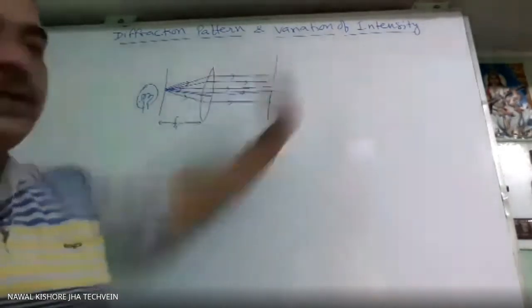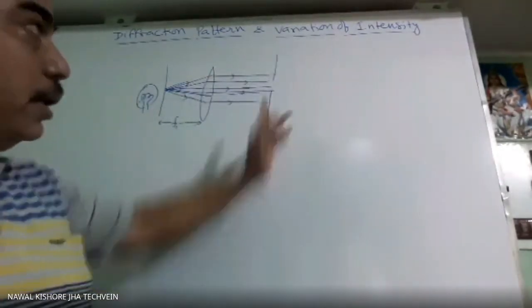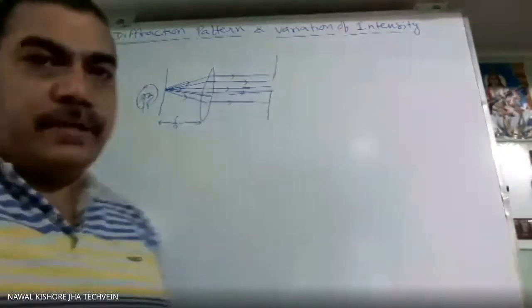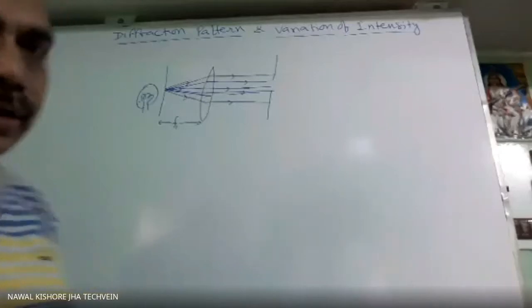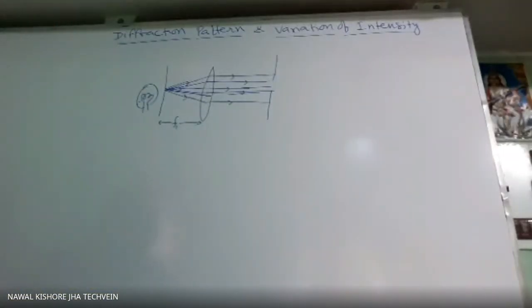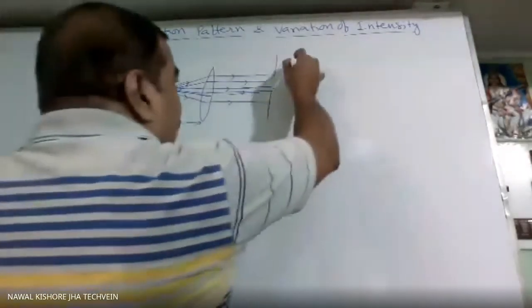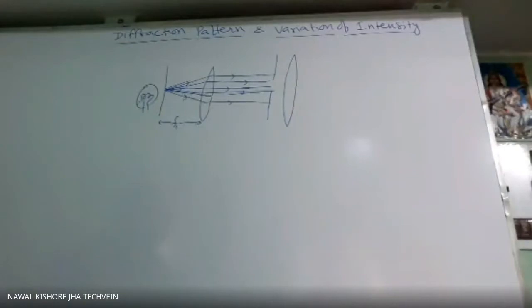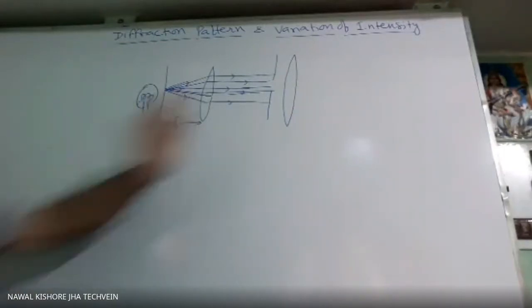Now, after this, different possibilities are there. Here also, as we are considering a plane wave front, the screen should be at infinity. But practically, what is done? Practically, here we are taking again a lens, very close to the slit.